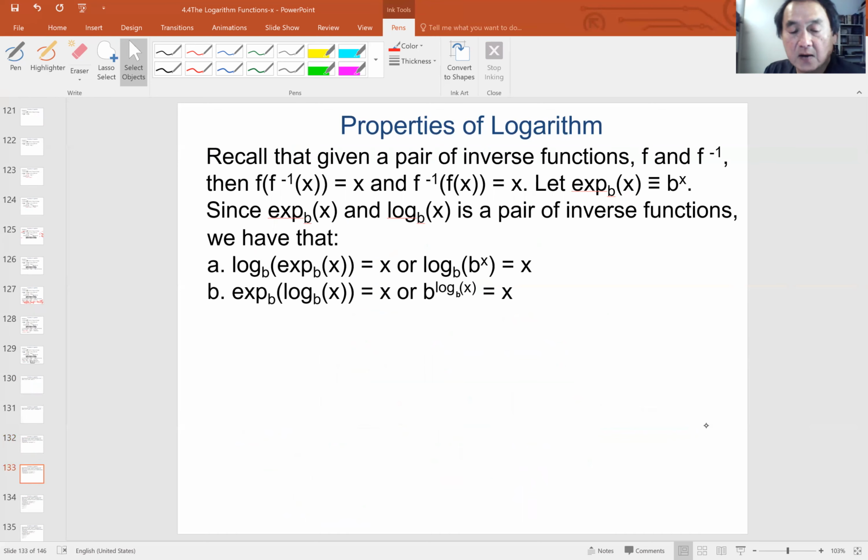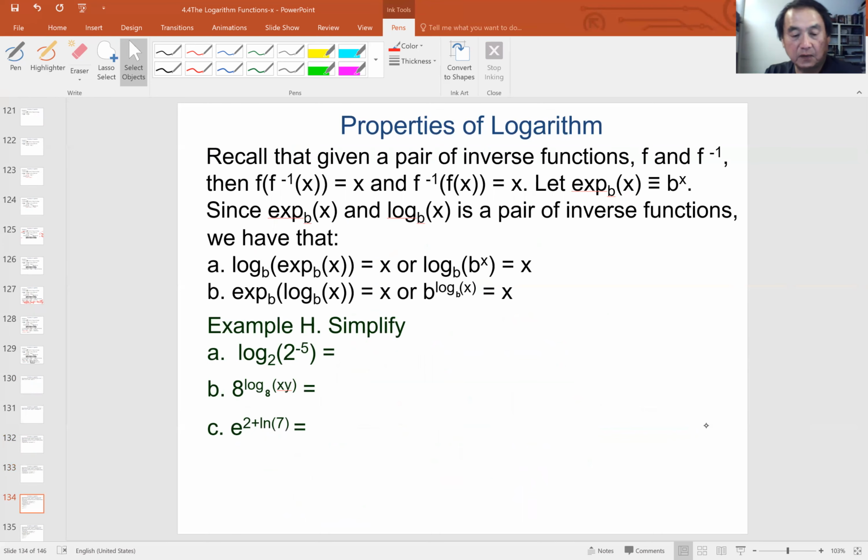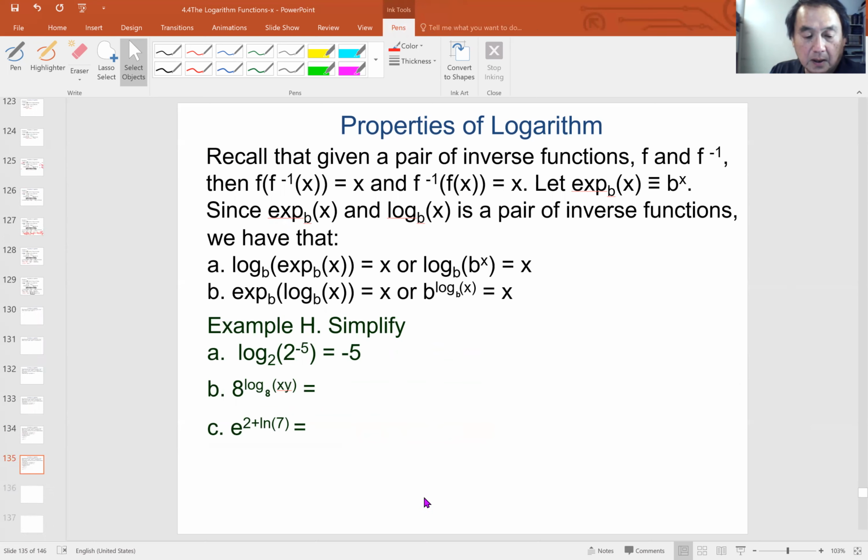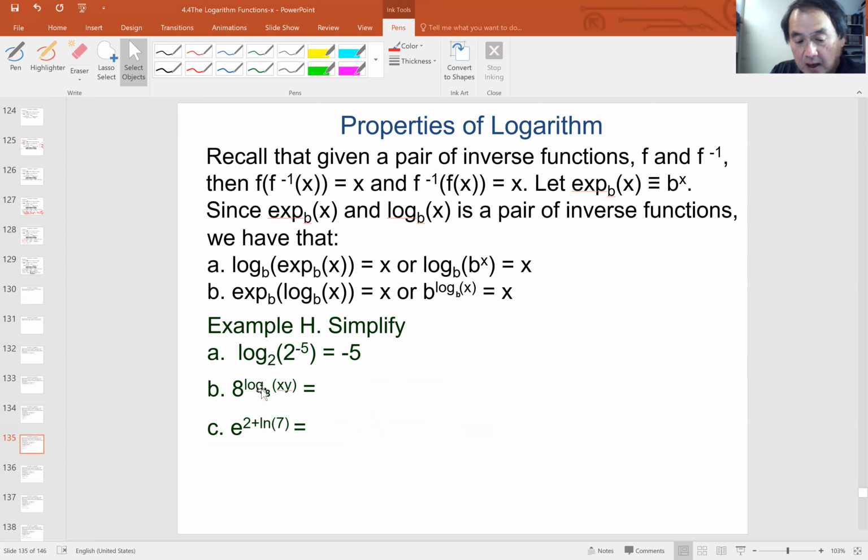Again, log and exponential are inverse functions. So if I raise 2 to the minus 5, then take log base 2, I'll get back the original minus 5. And the same thing, if I log xy, and then raise a to that exponent, the same base, I get back xy.